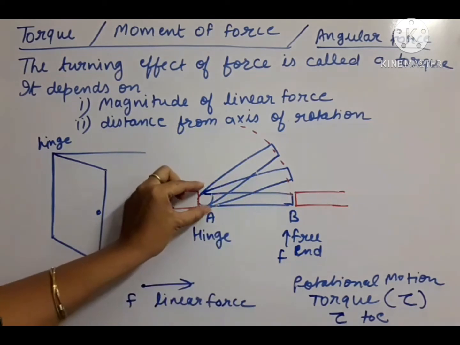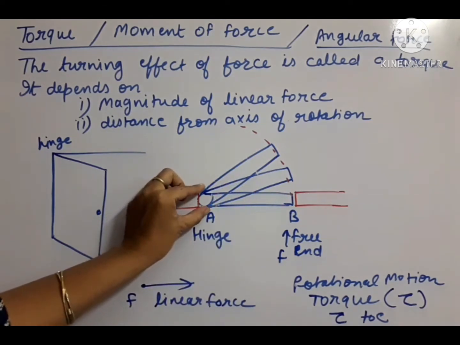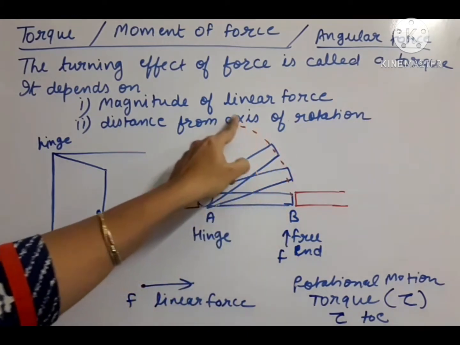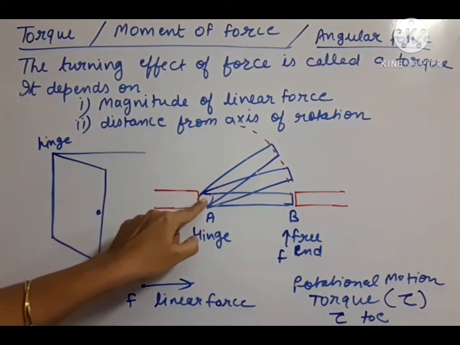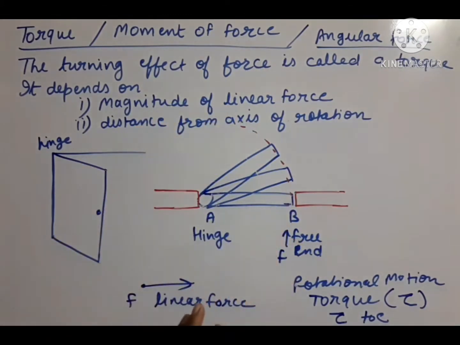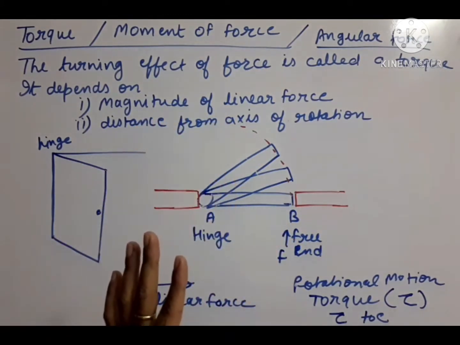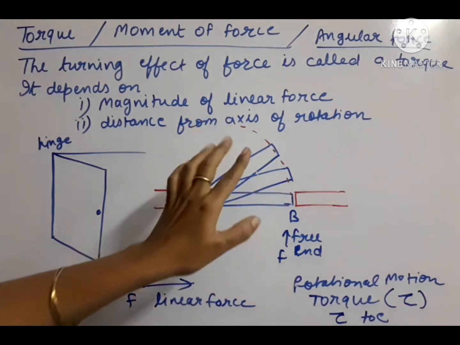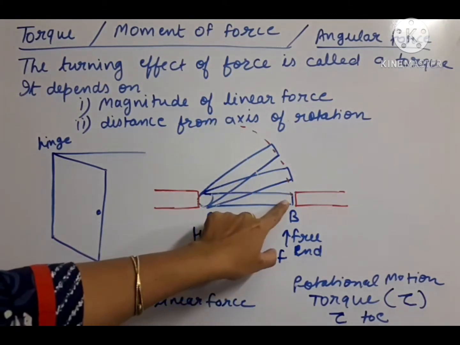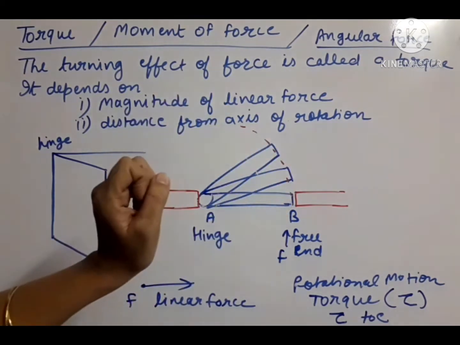Because one end is fixed already, it cannot move, so only the free end will move. So finally, with one end connected and one end free, the motion will be a circle, that you can see in this diagram also. So which motion has taken place? The motion which has taken place is rotational motion.